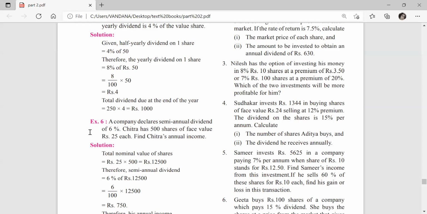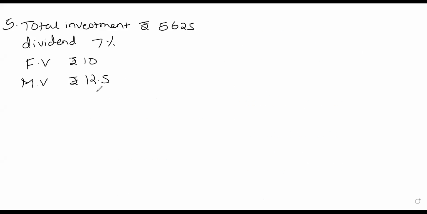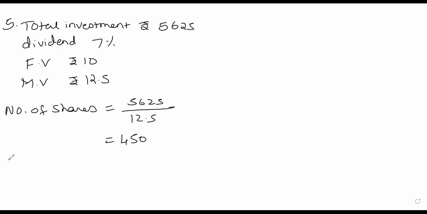From this investment, if he sells 60% of these shares for rupees 10 each, find his gain or loss in this transaction. First we have to find the income. He bought a share at 12.5 rupees and total investment is 5625. So number of shares is 5625 upon 12.5, that is 450 shares. Okay.